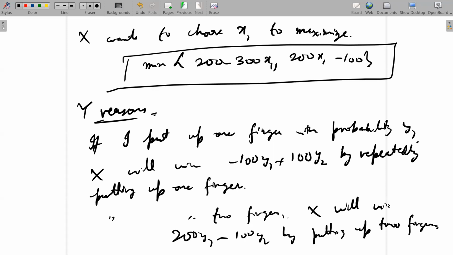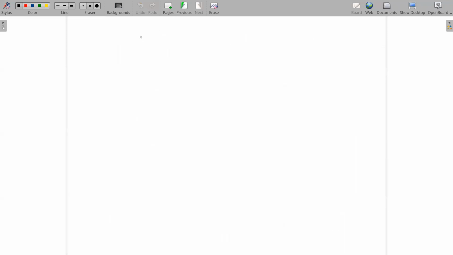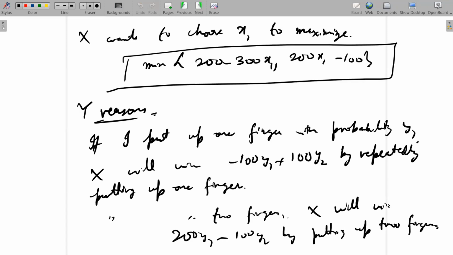So both of them are trying to outsmart each other, second-guess each other, what they are going to do. So here, x wants to maximize, even with all the knowledge y will get, x wants to maximize whatever he'll get. And y says, I want to give as little as possible.